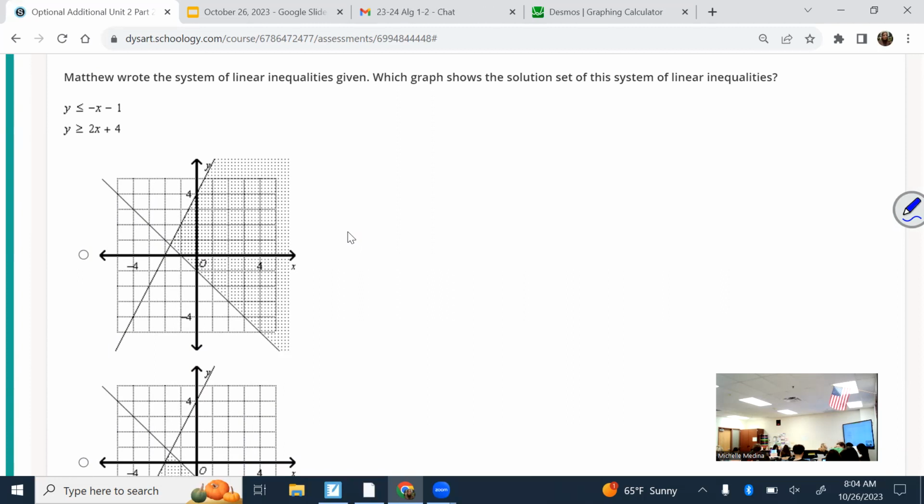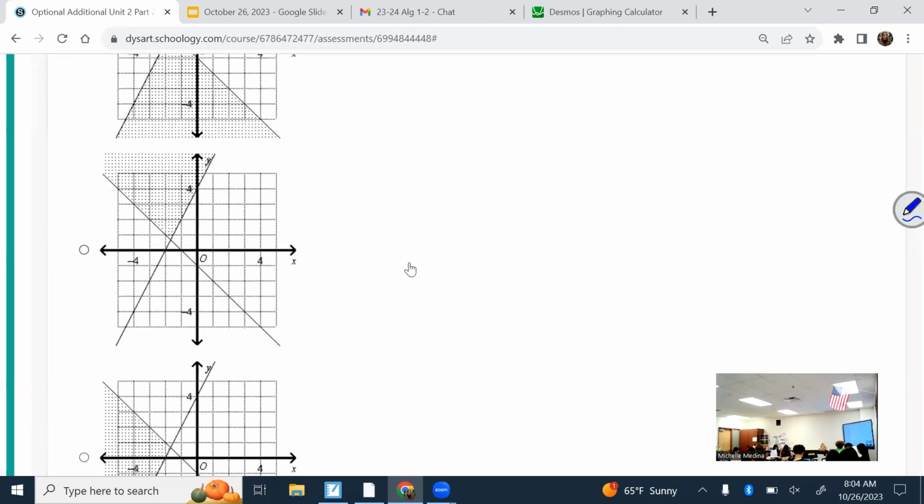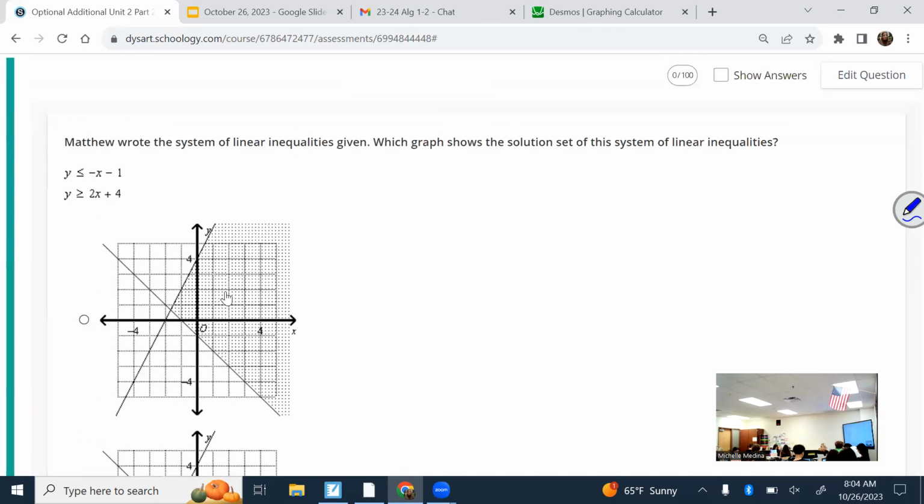So what's good about this one is it's already in slope-intercept form. So that makes it easy to probably eliminate some of these. However, when you're taking a test, look at each one, they don't really look that different. Just the shading is different. But when you're taking a test, what would you use to solve this one? Class?